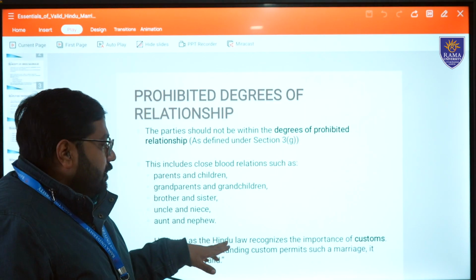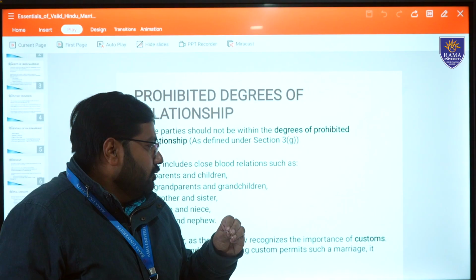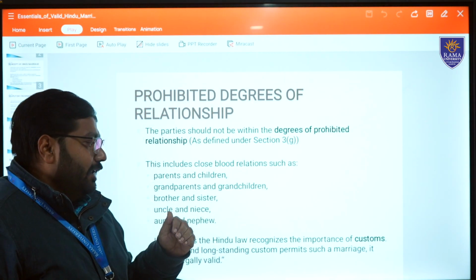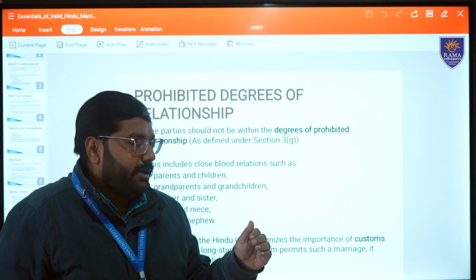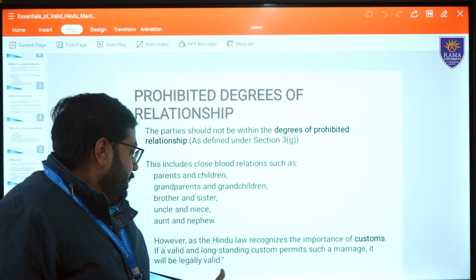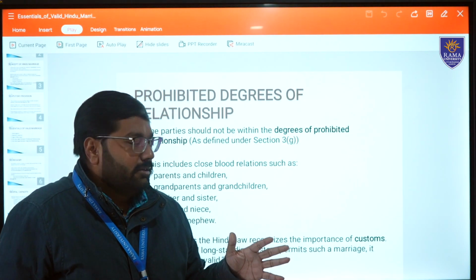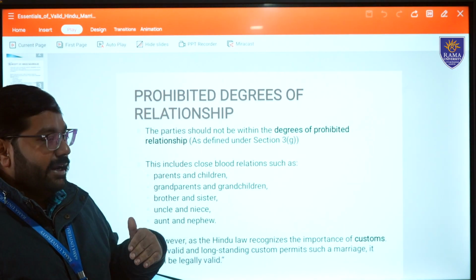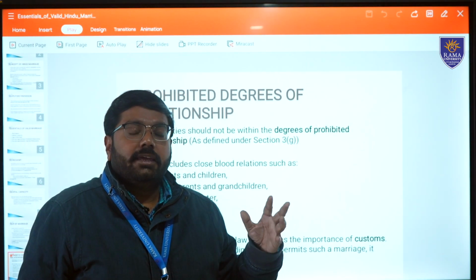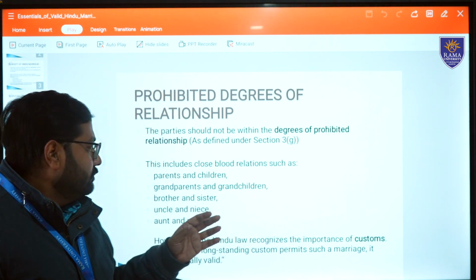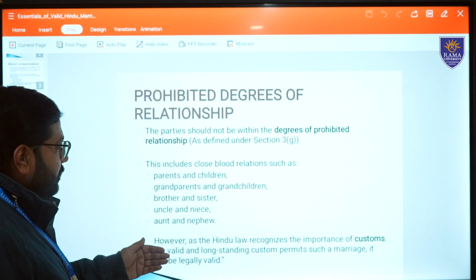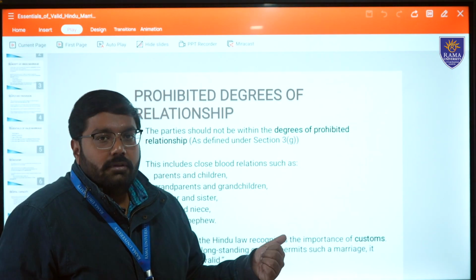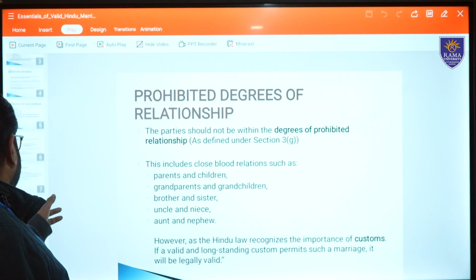However, as Hindu law recognizes the importance of customs, if a valid and long-standing custom permits such a marriage, it will be legally valid. So, actually, the prohibited degree of relationship means the direct blood relations in which we cannot marry each other, but if any custom relating to the same permits, it can go through.